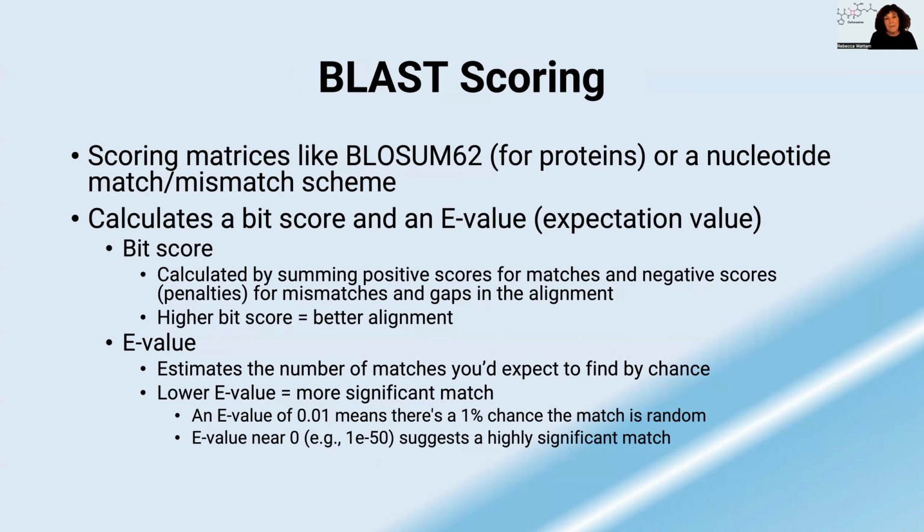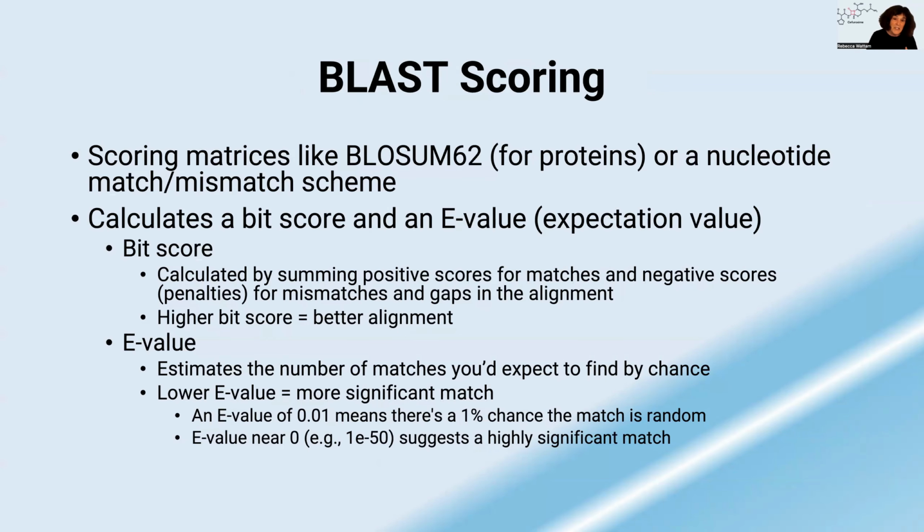Let's talk a little bit about BLAST scoring. It uses scoring matrices like BLOSUM62 for proteins, whereas when it's looking at nucleotides, it's just doing a match-mismatch scheme. It calculates a bit score and an E value, E standing for expectation value.